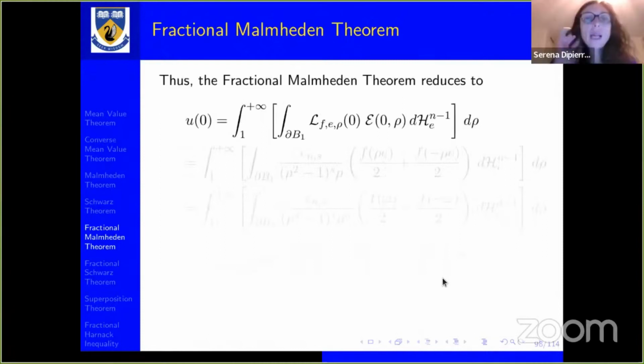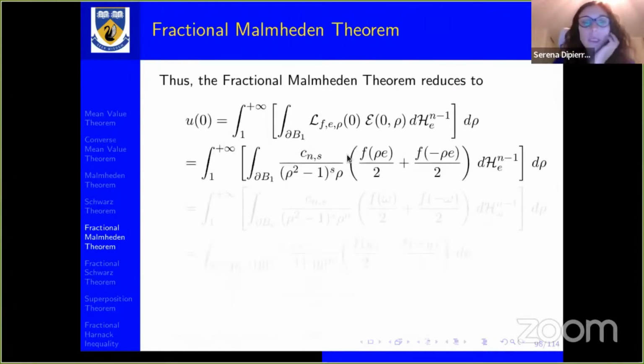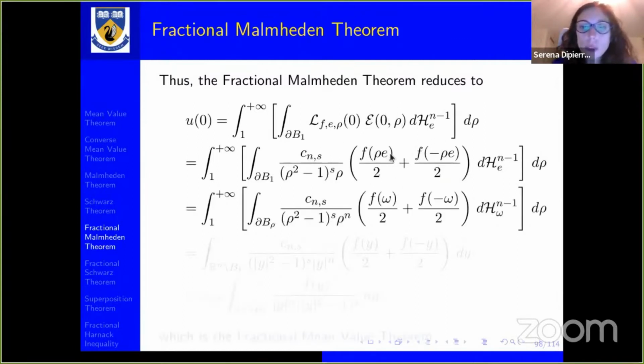Okay, so I plug this into the fractional Malmheden theorem. So the kernel is here and the interpolating function is here. Then I call rho e omega and I do this change of variables. So I end up with some rho to the n here coming from the change of variable, and then I have omega here and minus omega.